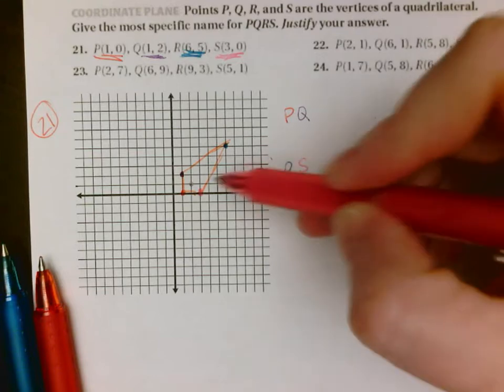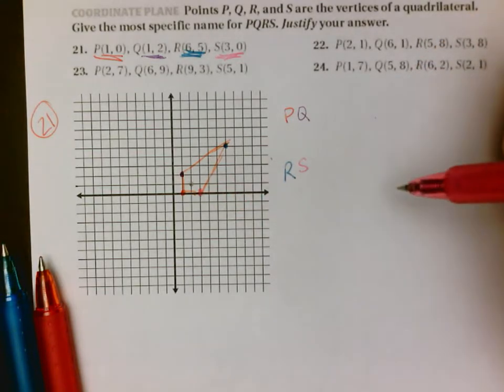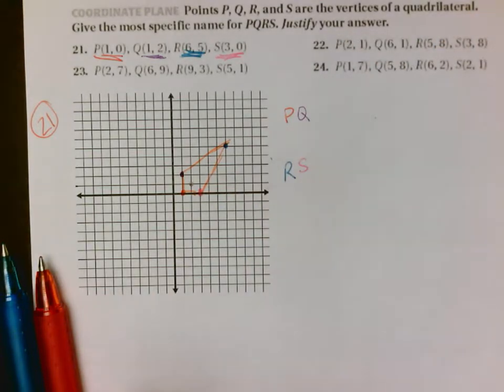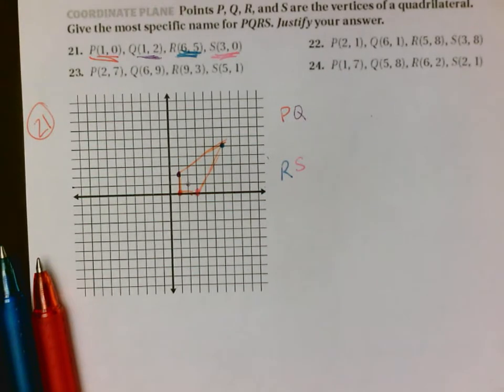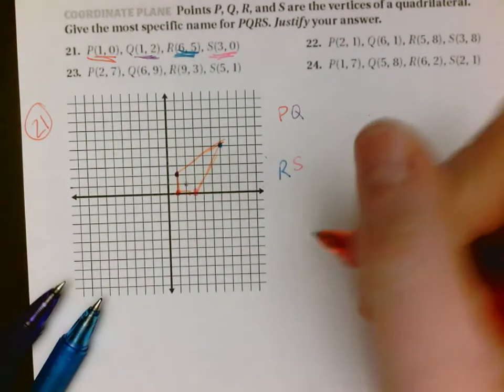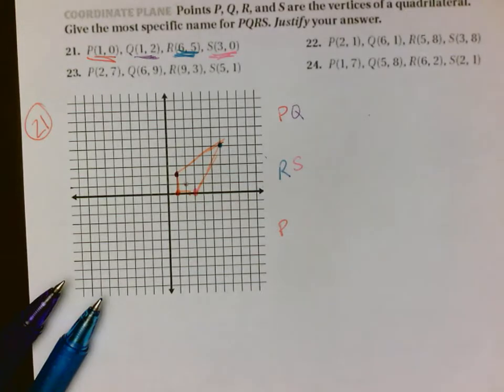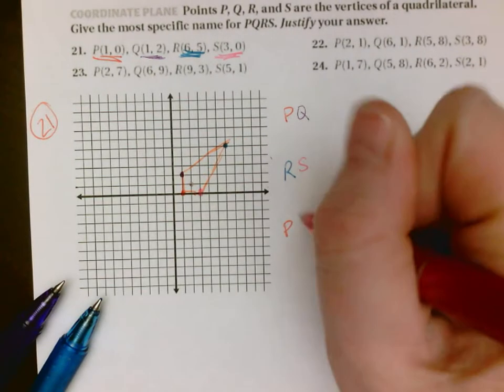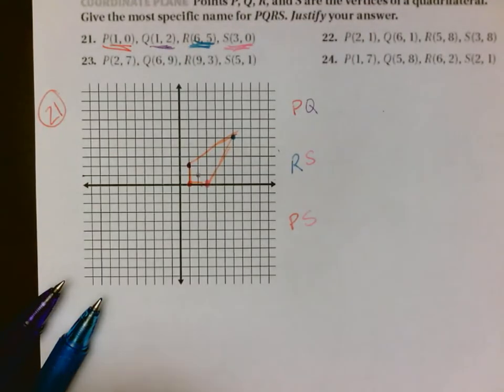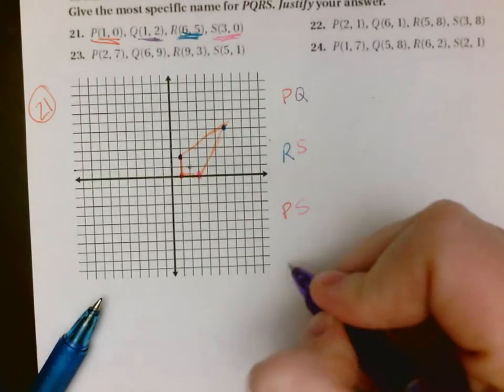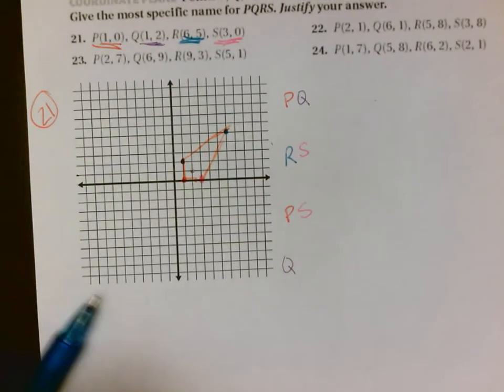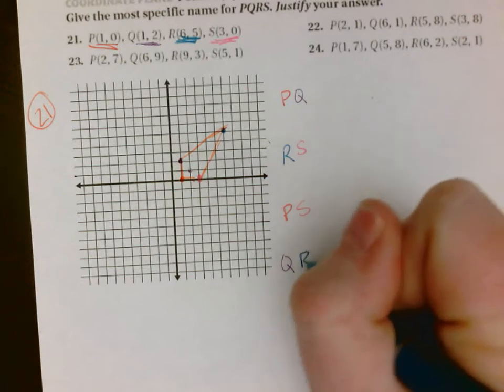So those two are opposite each other. PS is opposite QR. And I'm trying to color code just to keep track, and I'm probably only going to do one of these on here.